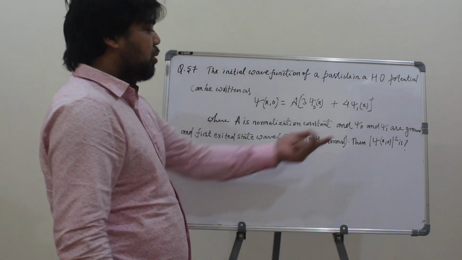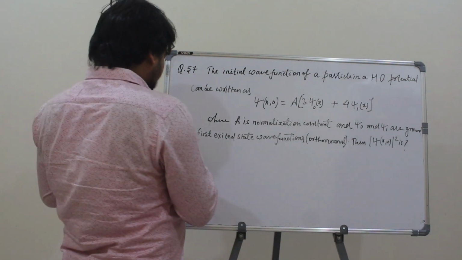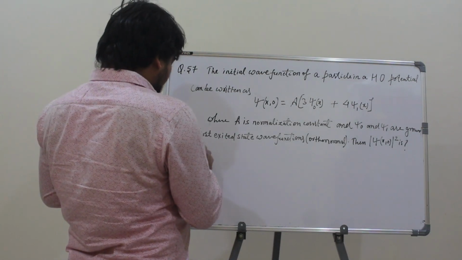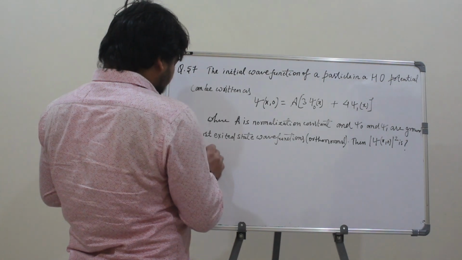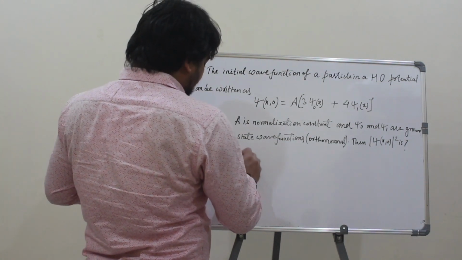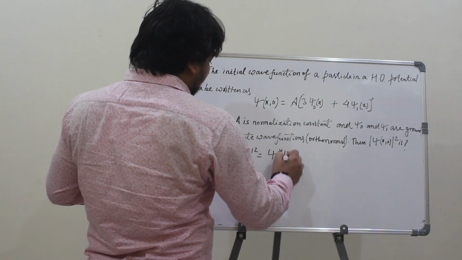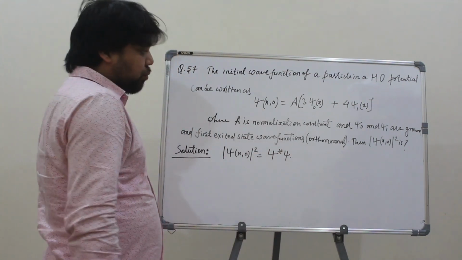Then what is the value of mod psi x naught square, right? So it is simple. Mod psi x square is nothing but psi star psi. Solution. So mod psi x naught square is nothing but psi star psi, right?